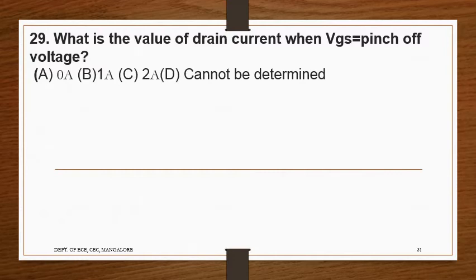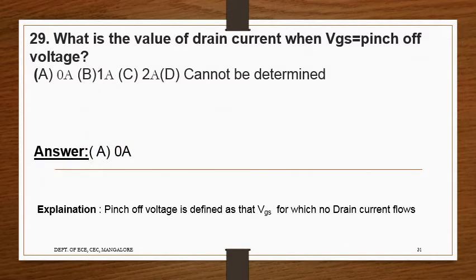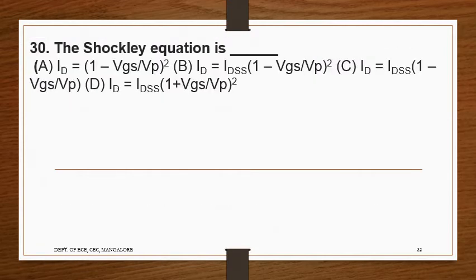What is the value of drain current when VGS is pinch off voltage? So we all know what happens at pinch off voltage. So the question is, what is the value of drain current? The drain current is A 0 amps, B 1 amp, C 2 amps, D cannot be determined. So the answer is 0 amps. Pinch off voltage is defined as that VGS for which no drain current flows.